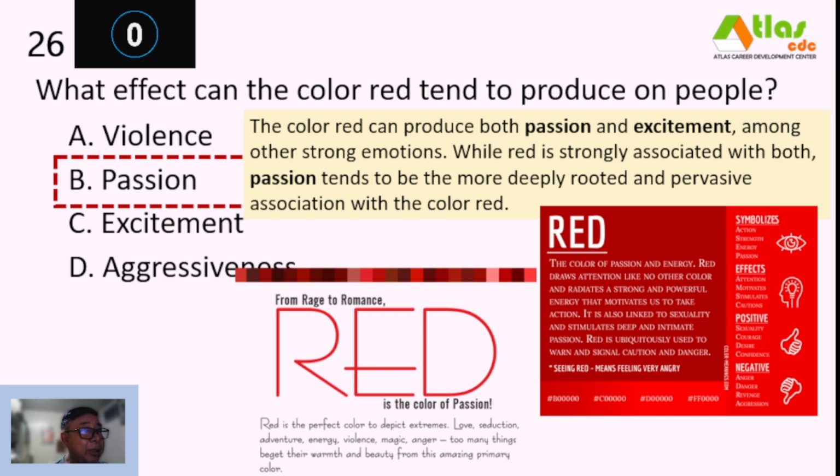Red draws attention like no other color and radiates a strong and powerful energy that motivates us to take action. It is also linked to sexuality and stimulates deep and intimate passion. Red is ubiquitously used to warn and signal caution and danger. So seeing red means feeling very angry.